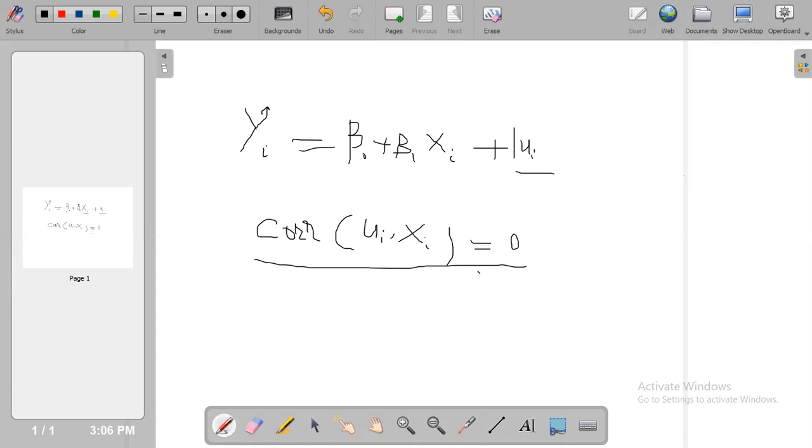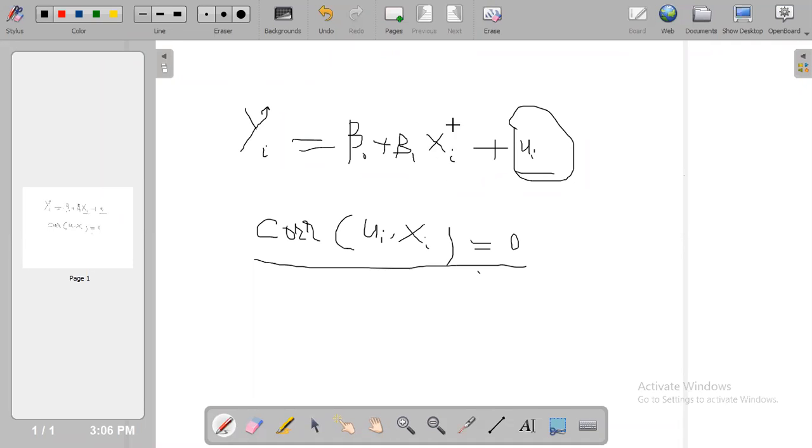So here we are not talking about any other explanatory variable in our model. Here we are only talking about the one which is included and all those others which are excluded. So whatever x variable you have included in your model, that is giving you the true effect of that variable on y.